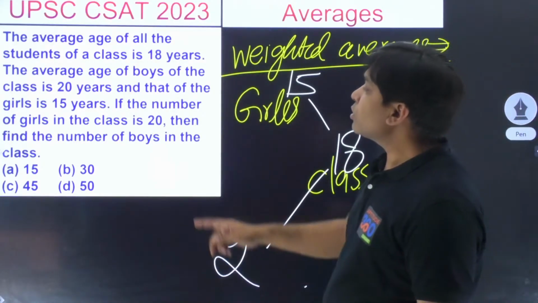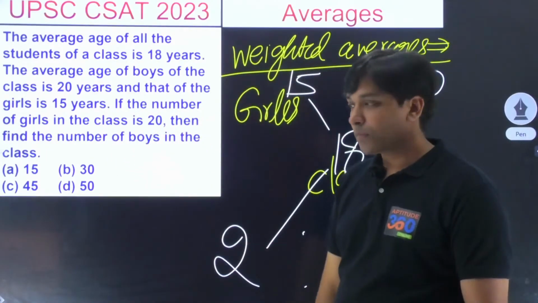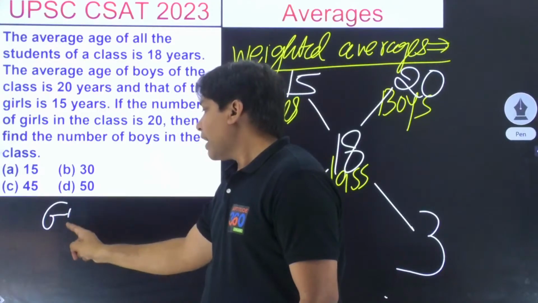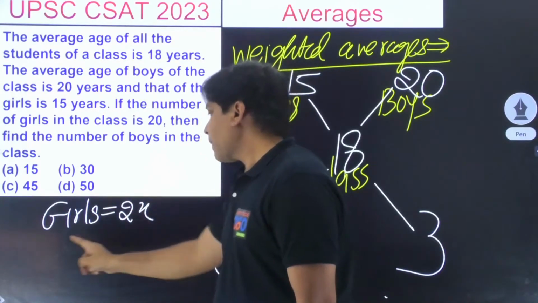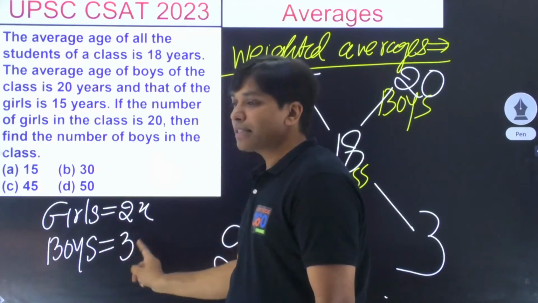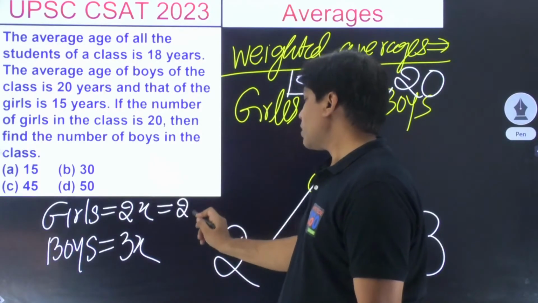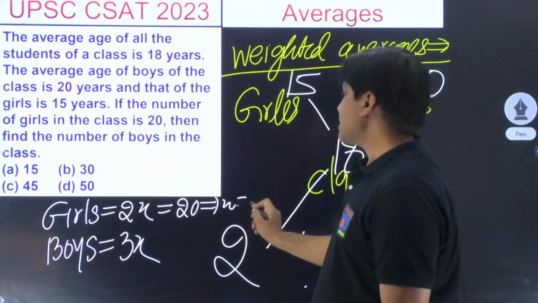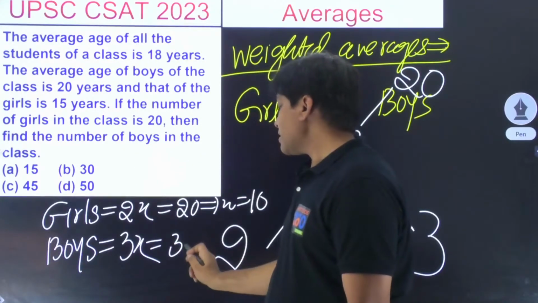Now it also tells you that if the number of girls in the class is 20, so girls should be 2x, then boys should be 3x. So girls is 20. So what is the value of x? The value of x is 10. Find the number of boys. The number of boys is coming out as 30.